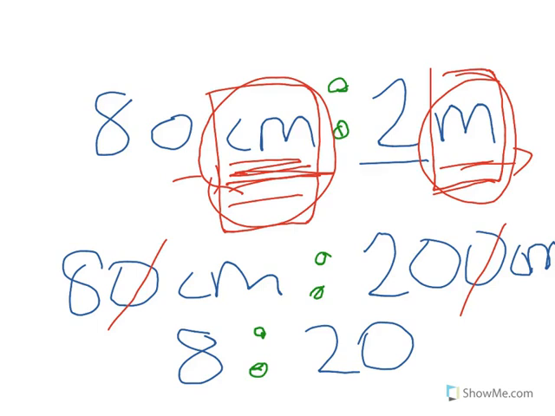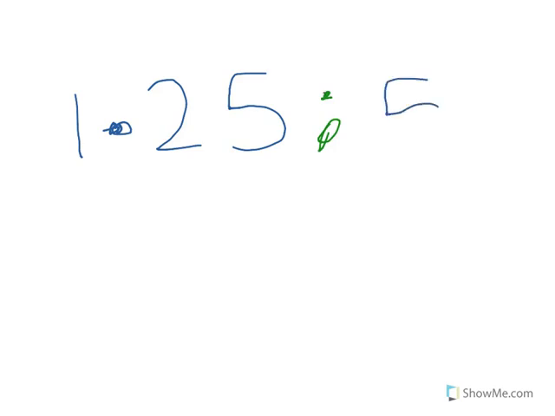For example, another example we'll take: if you have 1.25 pounds to the ratio of 5 pounds, first of all what you need to do is convert it into the same units.